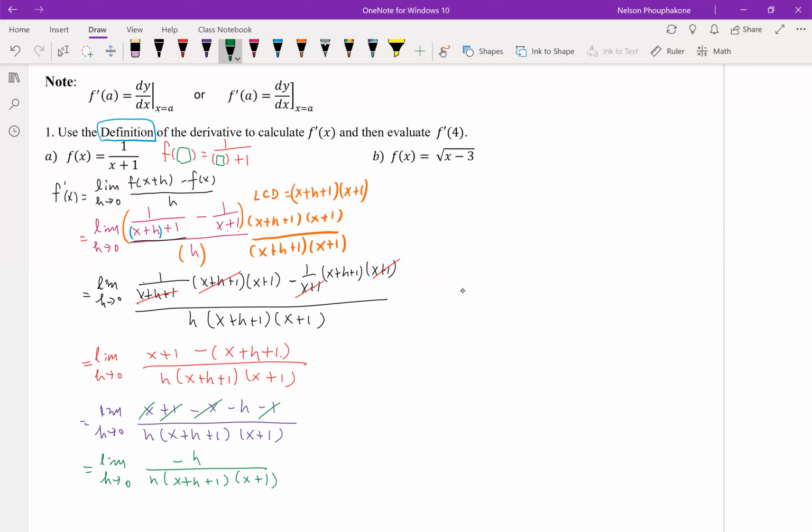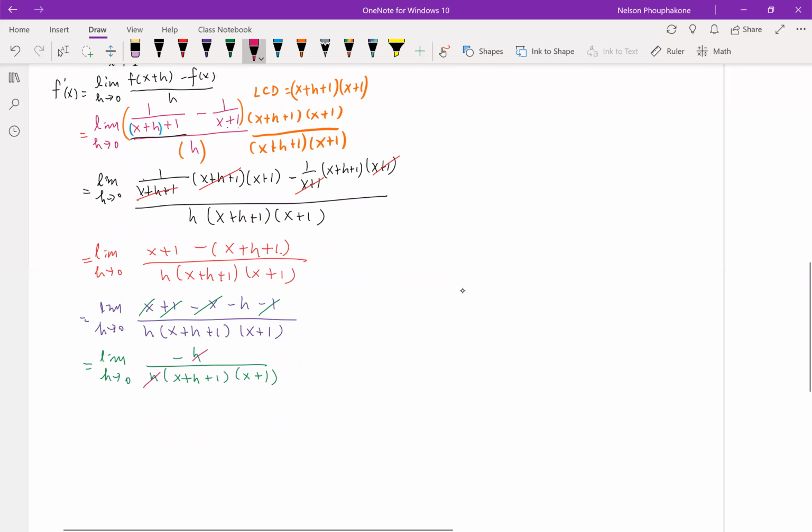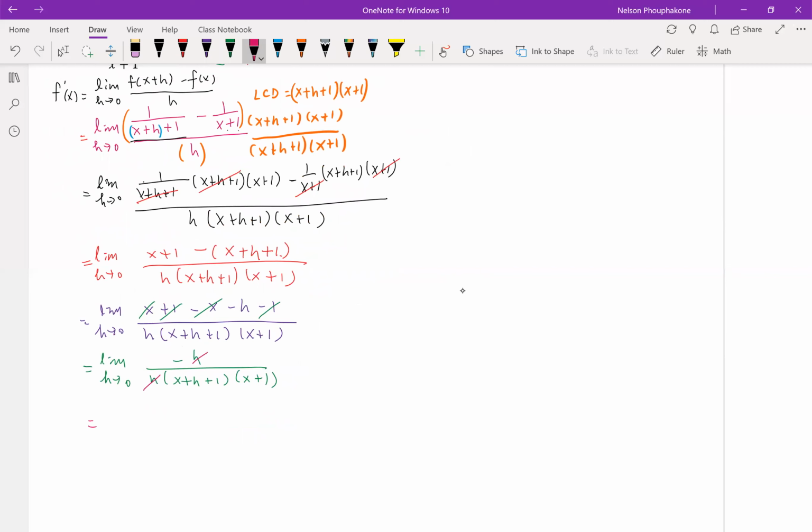And now you will see that h and h cancel. In this case, I can do direct substitution, h equal to 0. So I will have negative 1 over x plus 1 times x plus 1, which is negative 1 over x plus 1 squared. So this is exactly what we have.